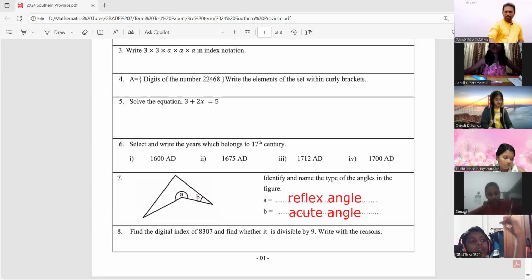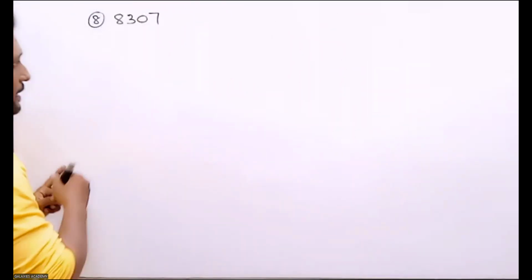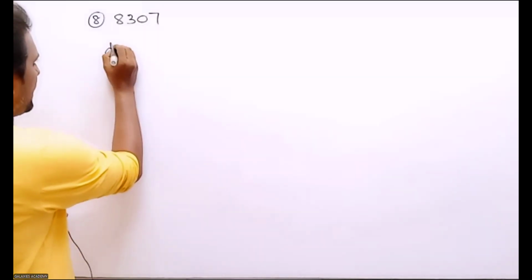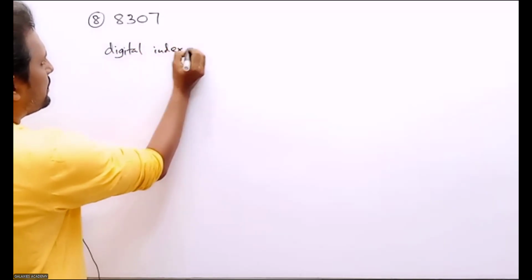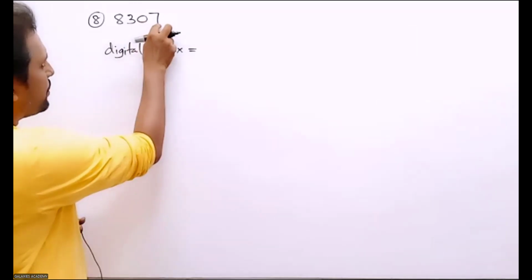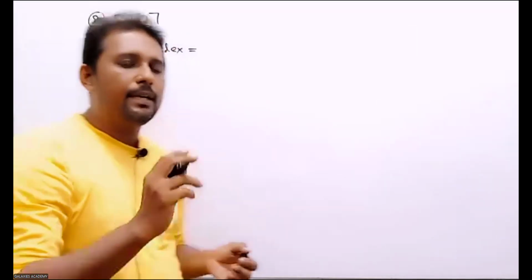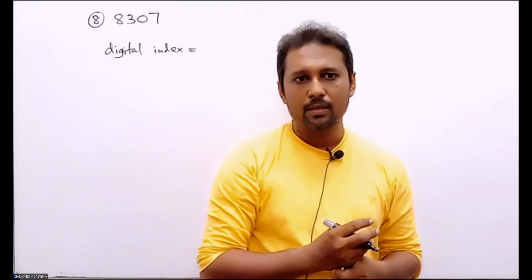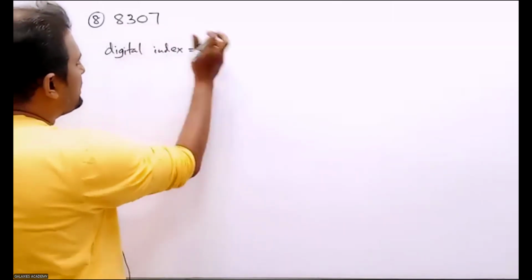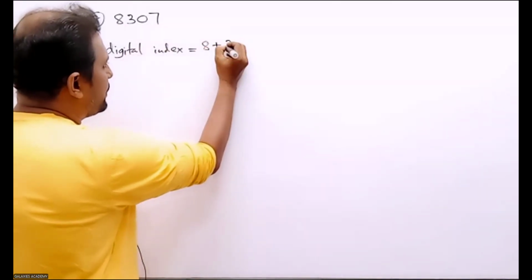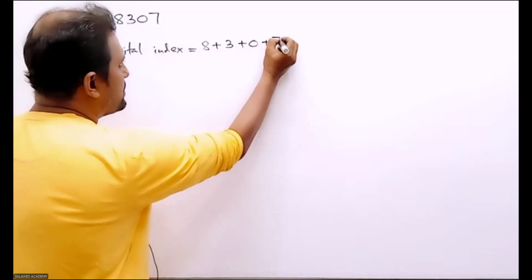Do you remember the digital index finding method? You have to add all these digits until you receive the answer as a single digit value. The digits are 8, 3, 0, 7.